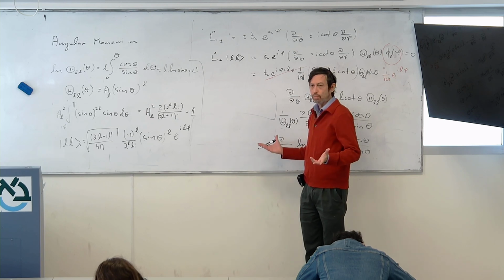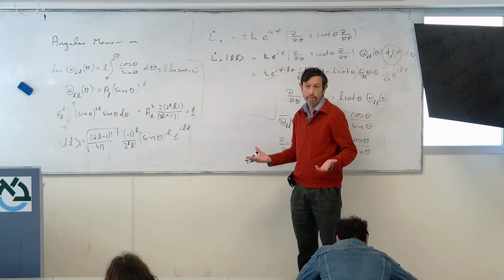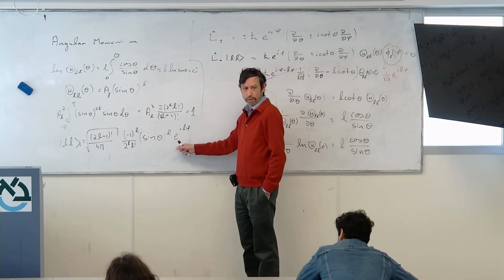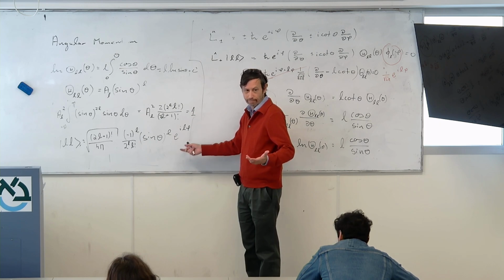Okay, but once I have this guy, I can define all eigenvectors. Why? Because just operate with L minus, whatever, to bring it to whatever value of m that you want. And that's it.